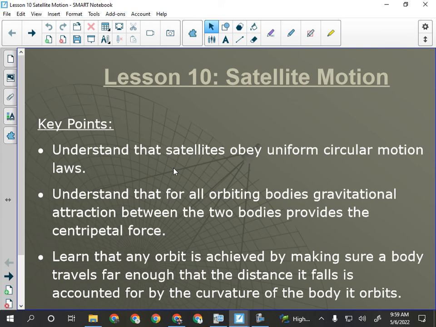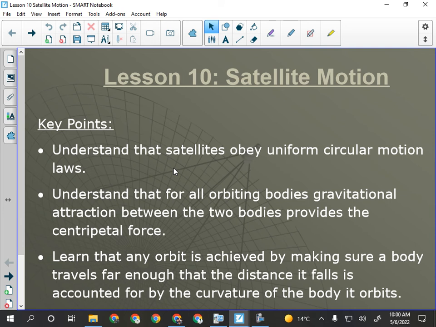Okay, that was a satellite question. In any satellite question or satellite problem, the centripetal force causing the satellite to stay in orbit is provided by what force? What provides the centripetal force?